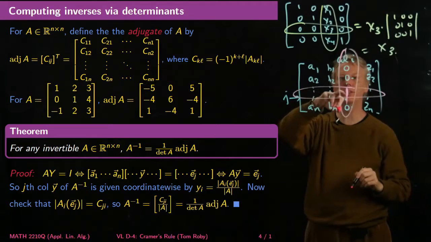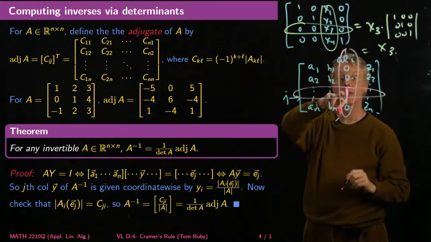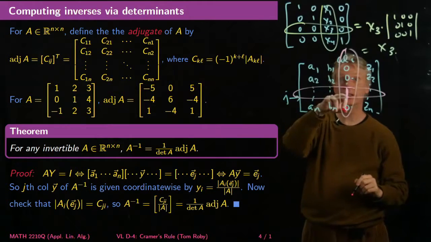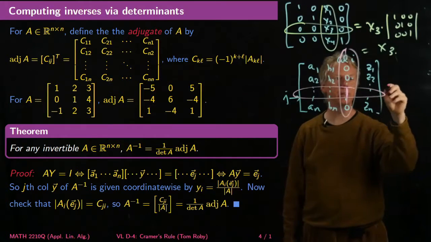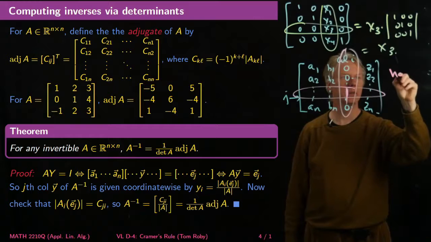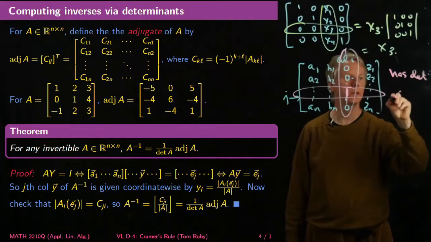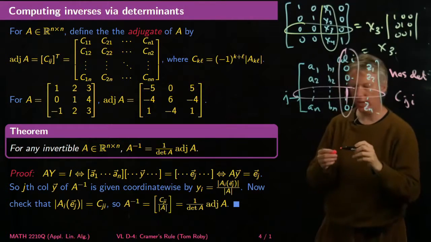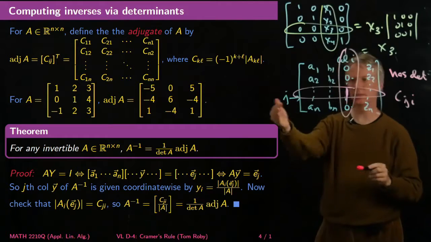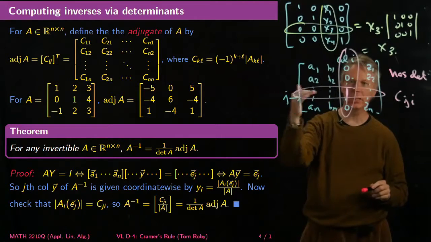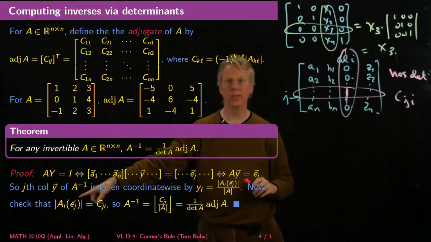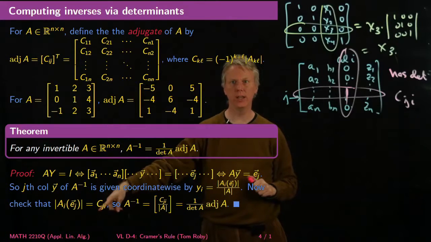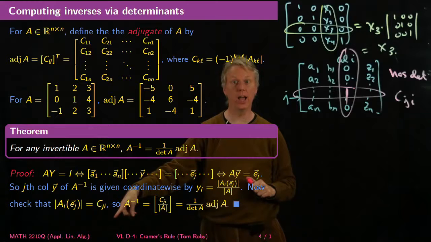Then what I'm left with is just the cofactor Cji. Really just by definition, because I block out the jth row and the ith column. So the determinant of this matrix is just Cji.